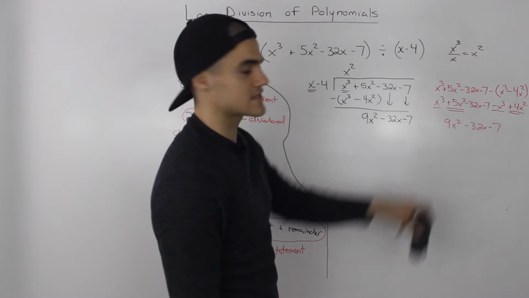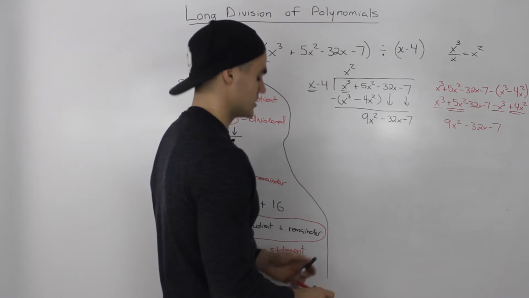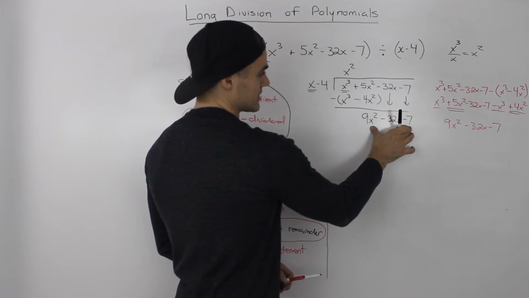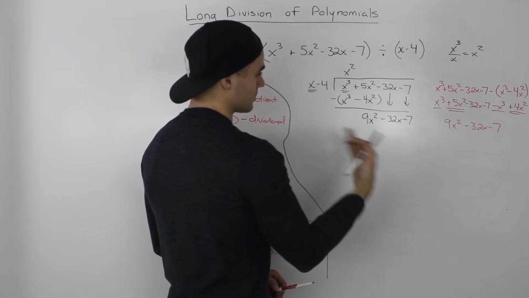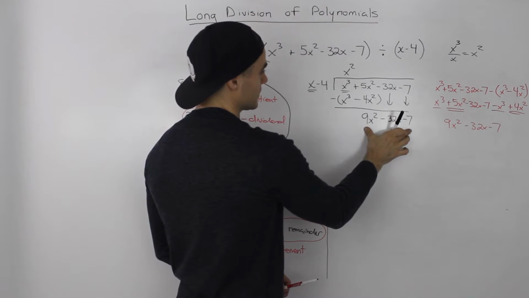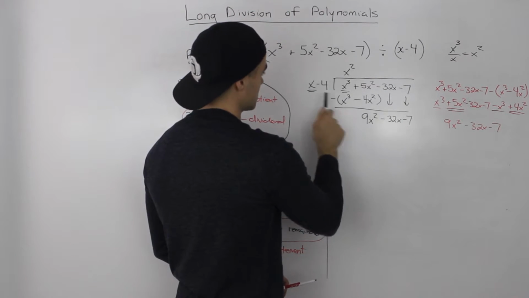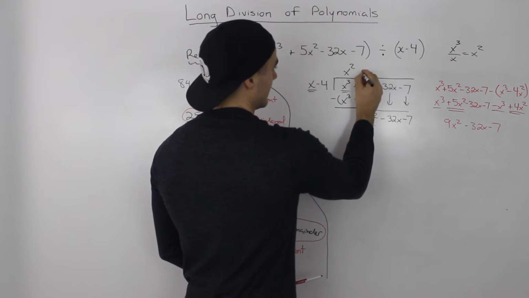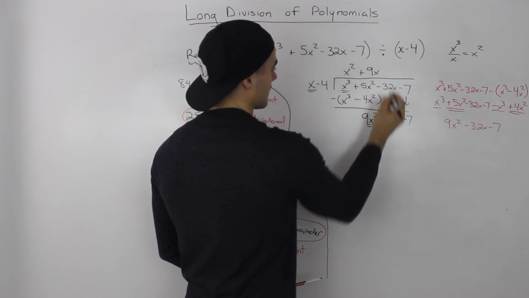So doing it on the side might help you initially to get used to the process. So once you get to this point here, you repeat the process. So now you check how many times does x go into this new part of the expression. So x goes into 9x squared 9x times, right?